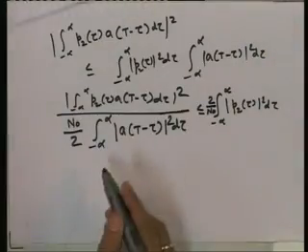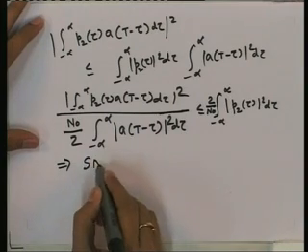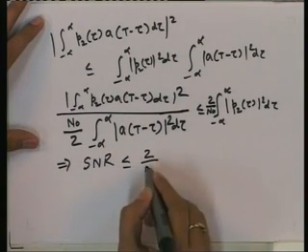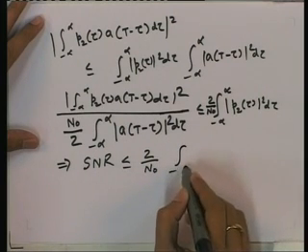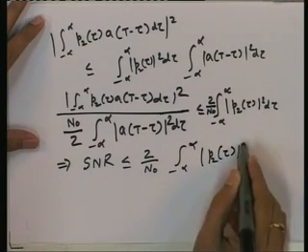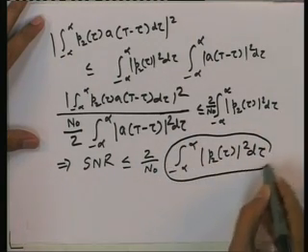So we have here, using Cauchy-Schwarz inequality, that SNR is less than or equal to 2 by N naught times the root of the integral from minus infinity to infinity of P2(tau) squared d tau. Now what is this? This is the energy of P2.